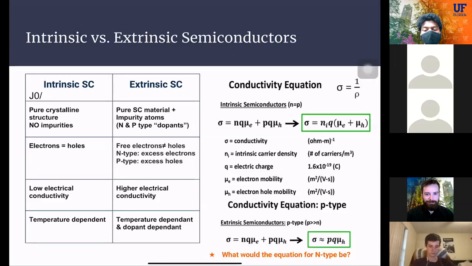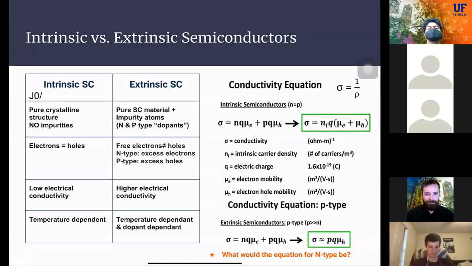The main difference between the two is that the intrinsic semiconductor is temperature dependent, while the extrinsic one is both temperature dependent and dopant dependent. The conductivity and every other factor of an extrinsic semiconductor depends on the number of dopants too. On the left side, the conductivity equation is the basic one.